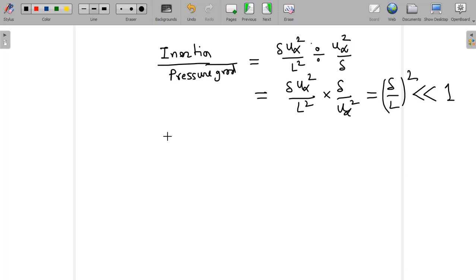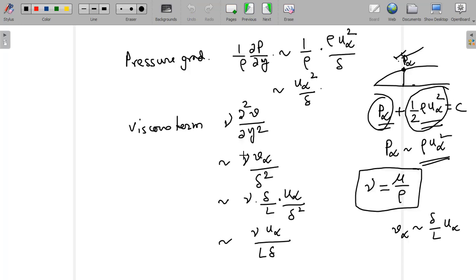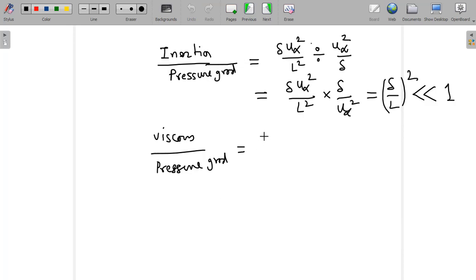Next, so the pressure gradient term is more, the inertia term is less. So let us compare the viscous term with the pressure gradient term now. The viscous term is nu u infinity by L delta, and the pressure gradient term was u infinity square by delta.